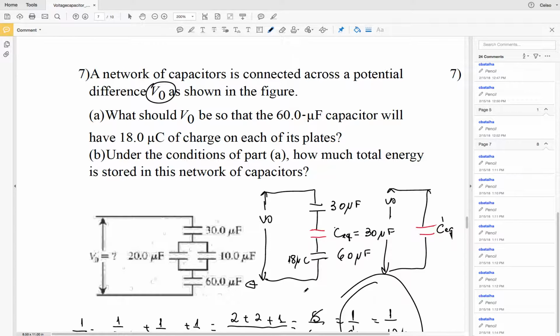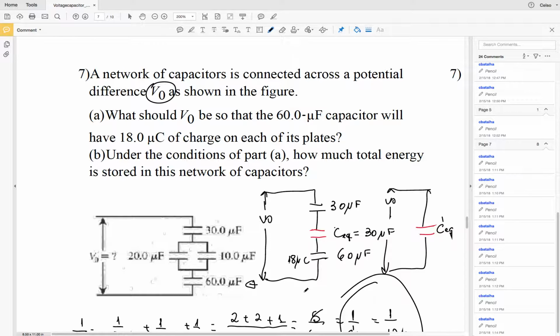So, I put it right here. So here's the charge of this 6 microfarad capacitor, right? Who would have 18? It is given. What should V naught be so that this capacitor has this much charge on its plate?